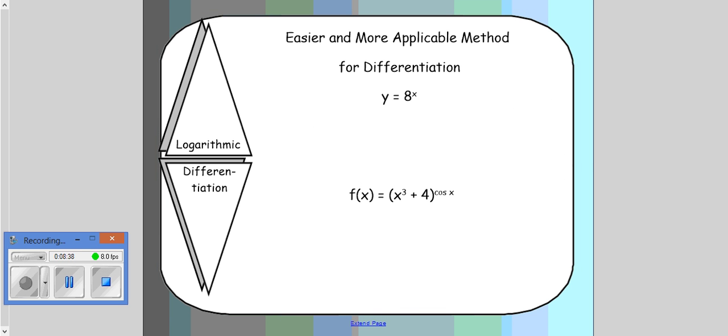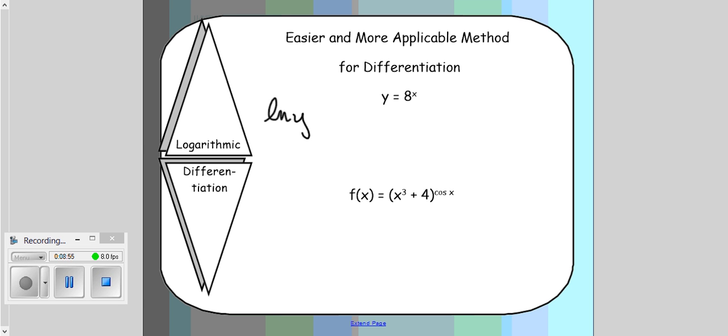Okay, let's do something a little bit easier, and this is really pretty cool. Remember that whatever you're doing to one side, you can do to the other side. So I've got y equals 8 to the x, so let's take the natural log of both sides. Natural log y equals natural log of 8 to the x. This is going to lead us into logarithmic differentiation.